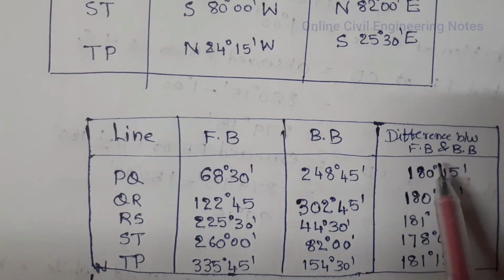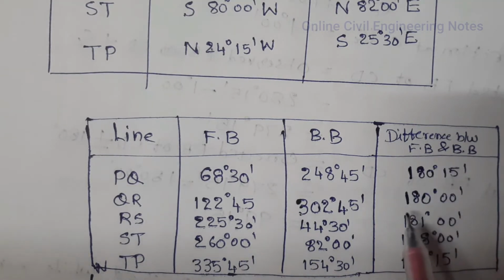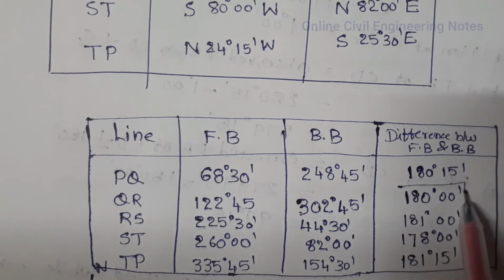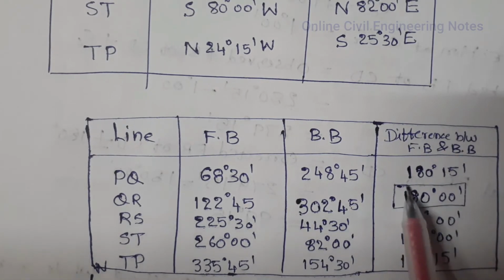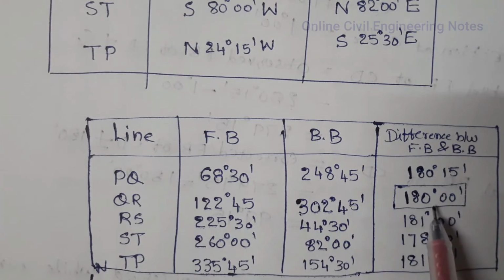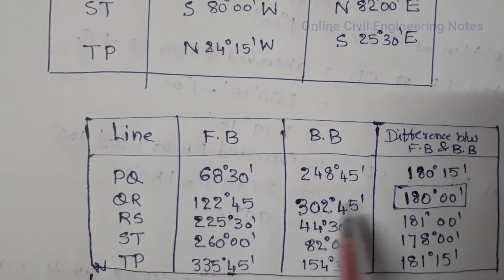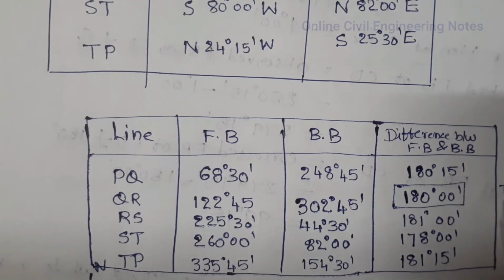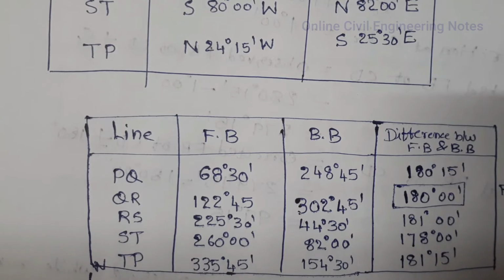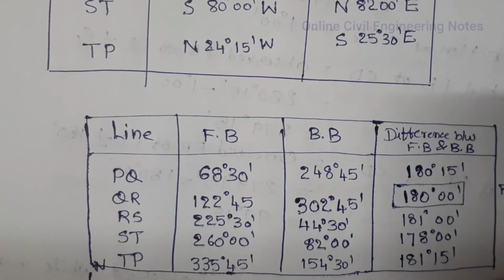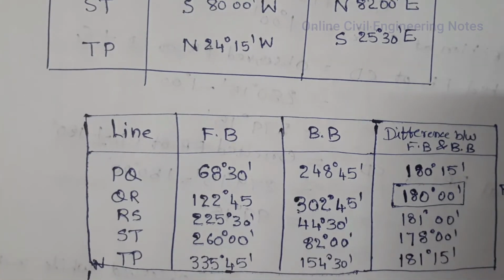So among these values, there is 180 degrees. This is for QR line. So this QR line is free from local attraction. QR is free from local attraction.